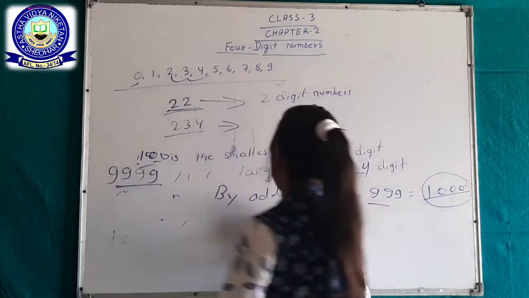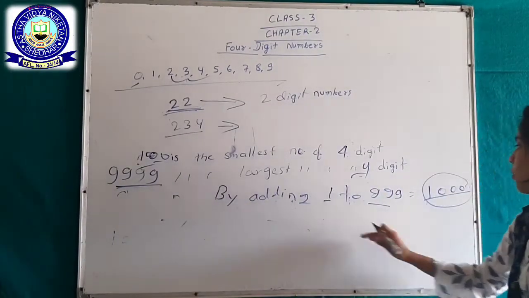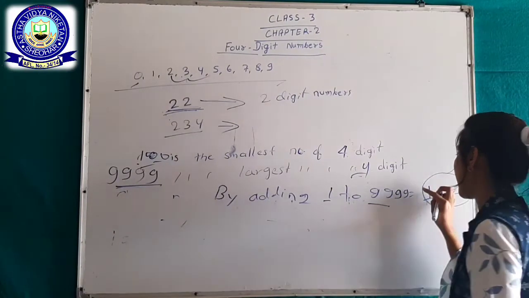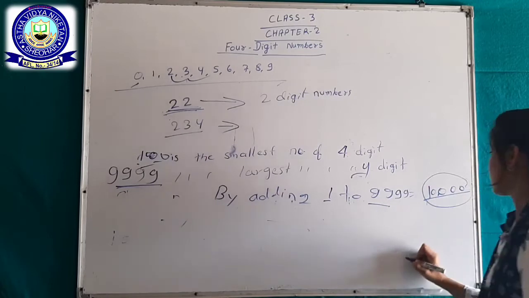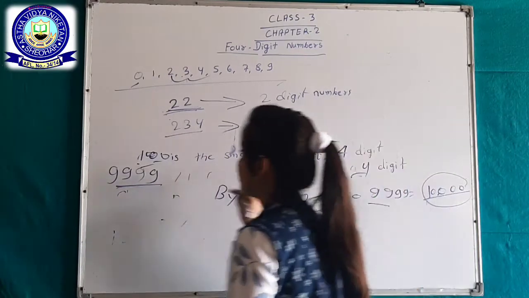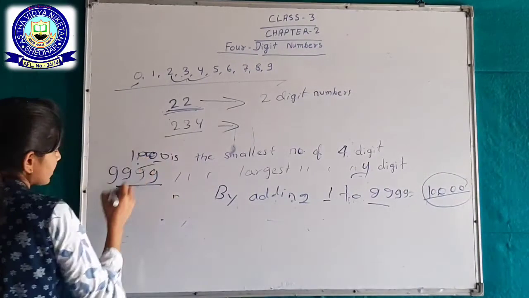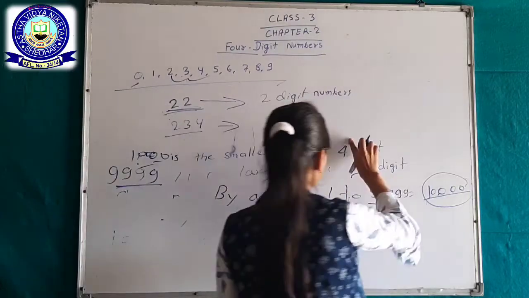And next, by adding 1 to 9999 we get 10,000. This 10,000 is the smallest number of 5 digits.